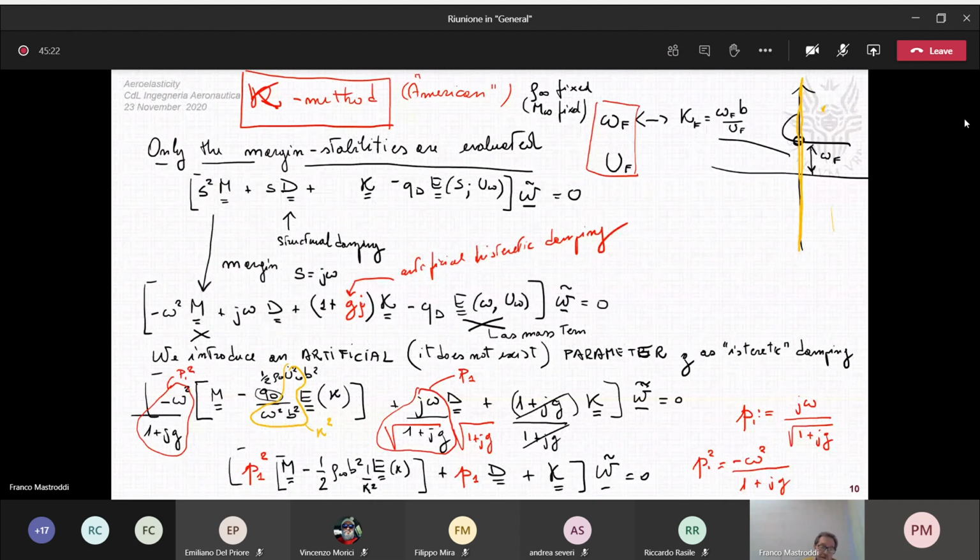But in reality, P1 is, of course, related to omega, it's related to k, so, of course, this equation is not closed. It's not closed, but it's an open equation in the sense that you have a parametric dependency on k, but your P1 unknown is also depending on k as well. Therefore, we have to organize our iteration in this way.